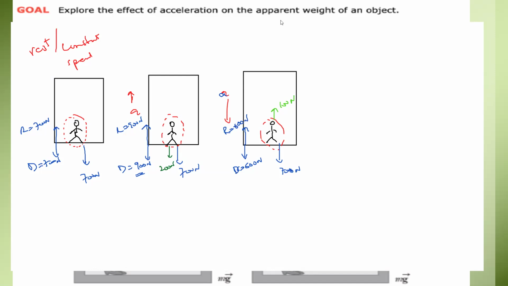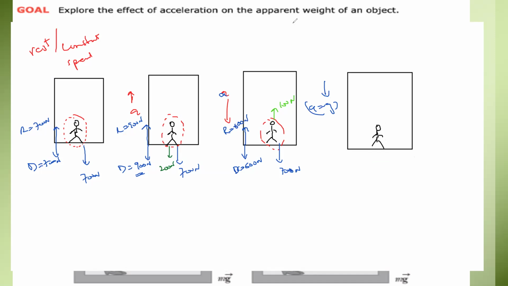And the last example, if a lift is moving downward with acceleration equal to the acceleration due to gravity, what happens in that case?